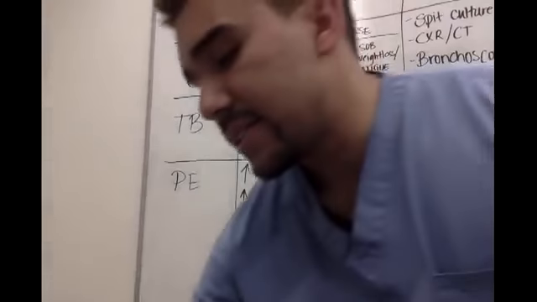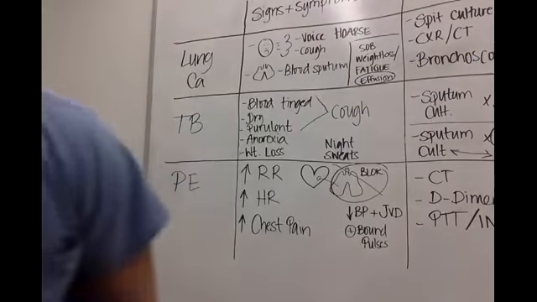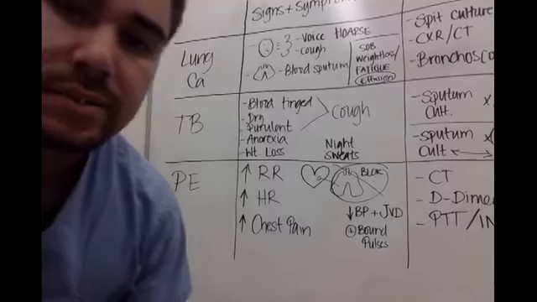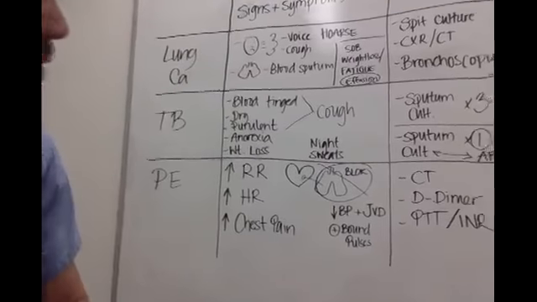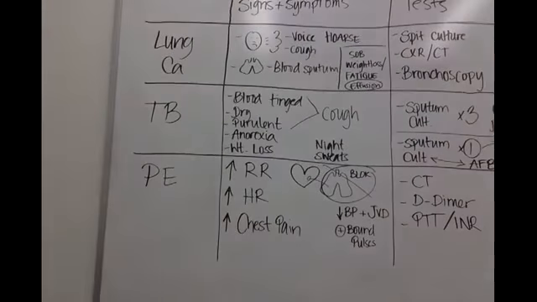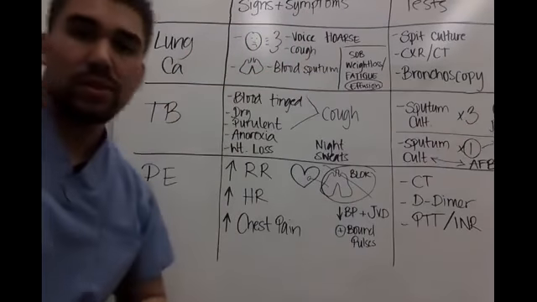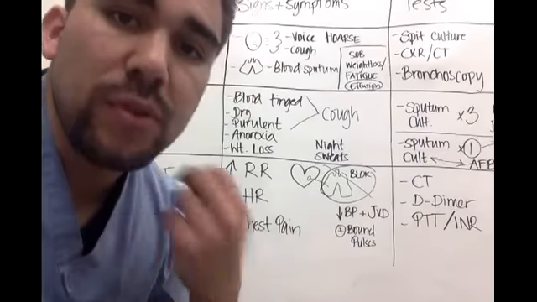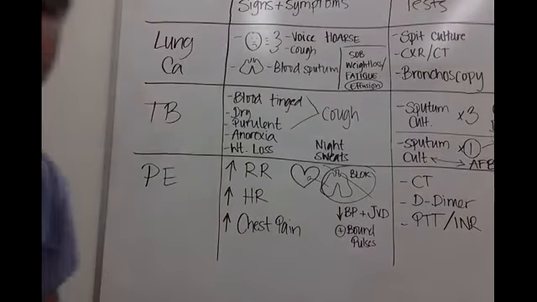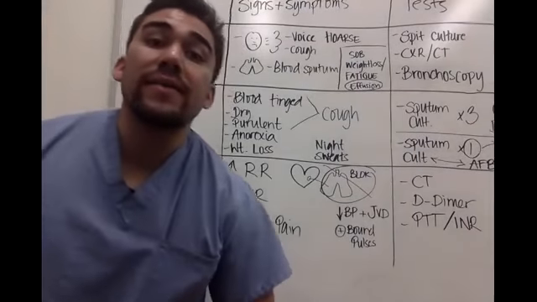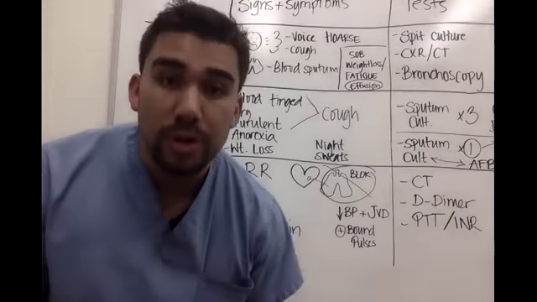So for lung cancer, let me scoot you guys over. For lung cancer, your signs and symptoms: you have a voice that is hoarse, or a very raspy voice. Usually in lung cancer, you have some type of tumor.